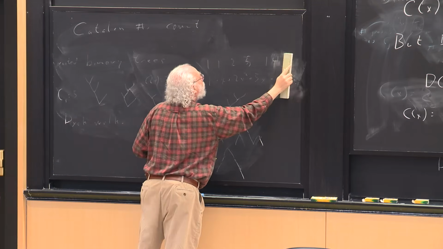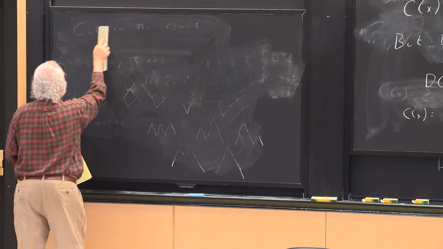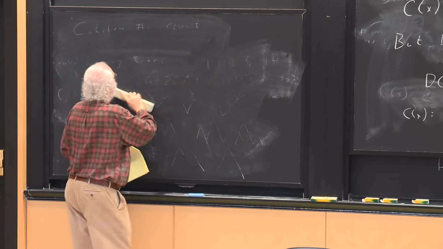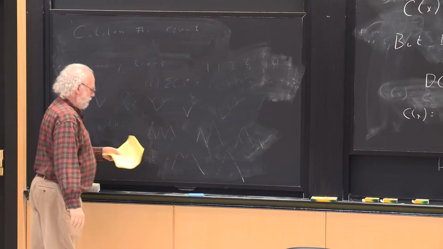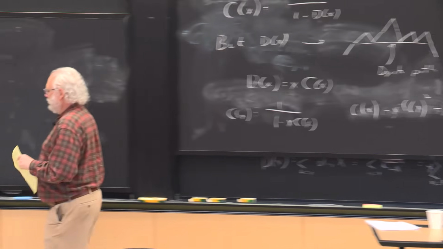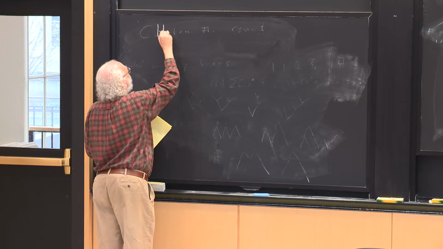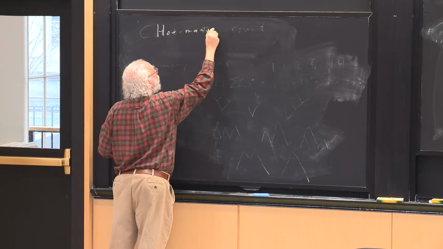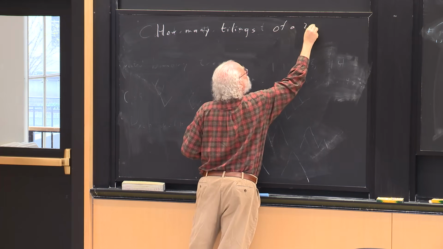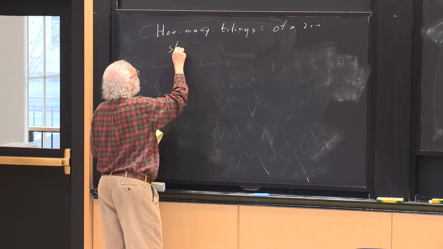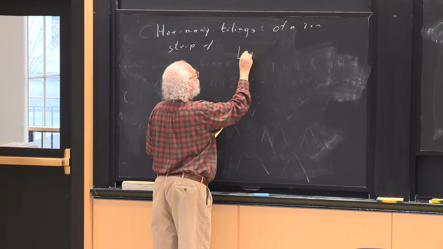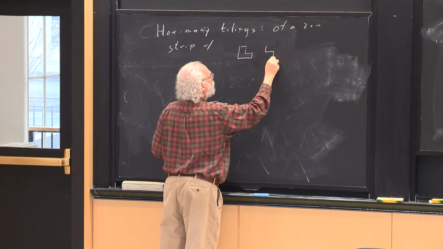How many tilings of a 2 by n strip with 2 shapes of tiles, which you can rotate and reflect if you want.